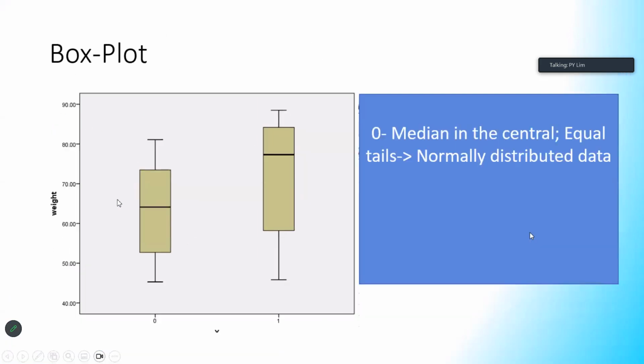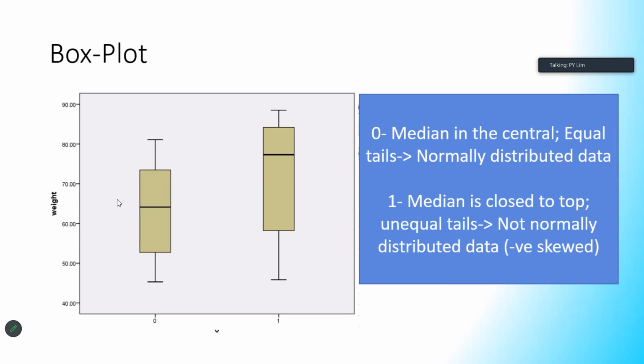Box plot, very simple. For the box plot, if the median falls on the center and you have equal tails, we say normal. If your median does not fall on the center, like for example this one, and your tails are not equal, then you say not normal.